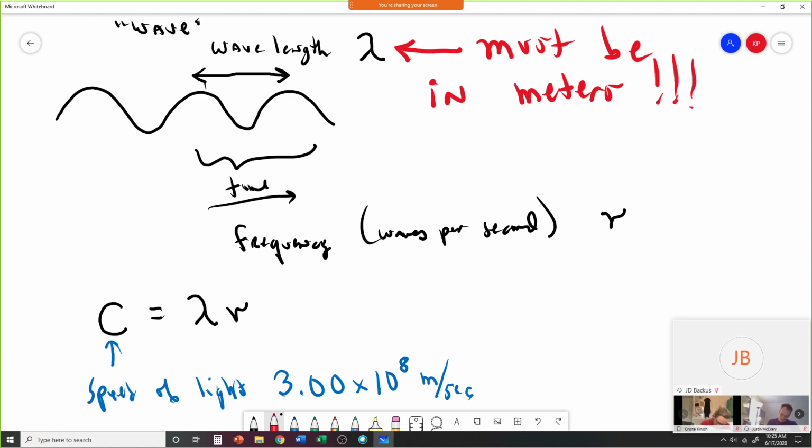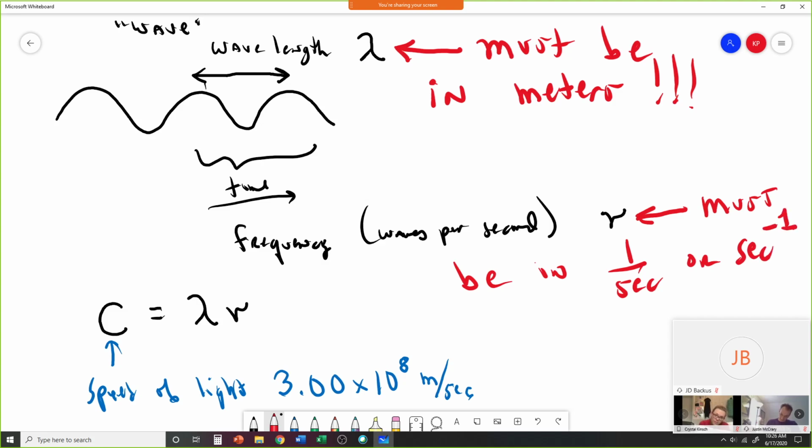And the frequency must be in per seconds, 1 over seconds or seconds to the -1. That means the same thing, by the way. Or something called a hertz, which is the same thing, Hz. All right. Wavelength must be in meters.